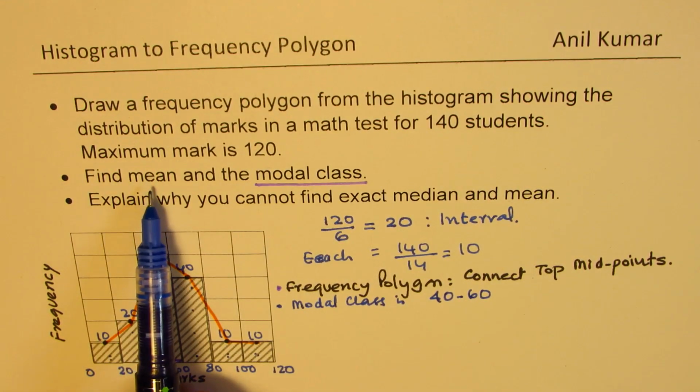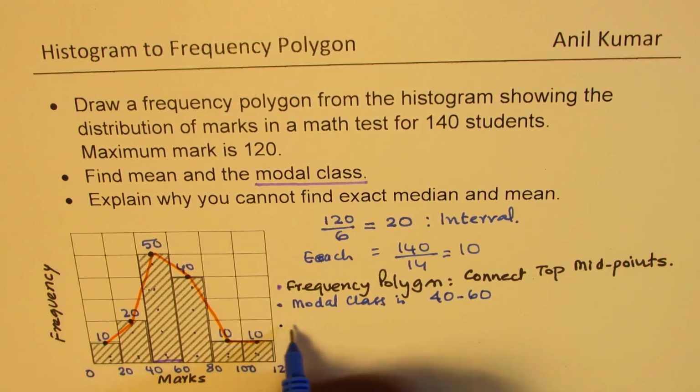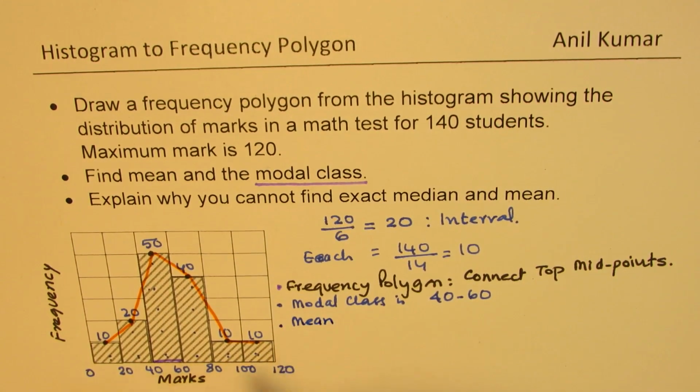Now let's see how to find the mean. From the frequency polygon, we can actually find the mean. The idea here is that we'll assume that all 10 students in the first group from 0 to 20 have scored the average marks.